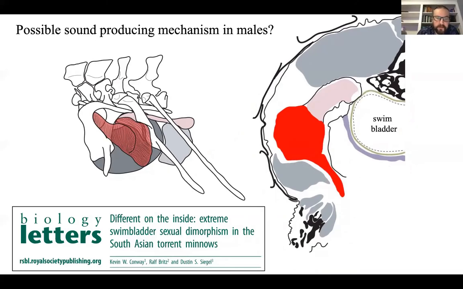Now, we have absolutely no evidence for that. We've never recorded the sound, but based on the highly modified anatomical structures here and the differences between males and females, we think that this is very likely. And it would be really great if someone would follow up on this and try to record this sound.